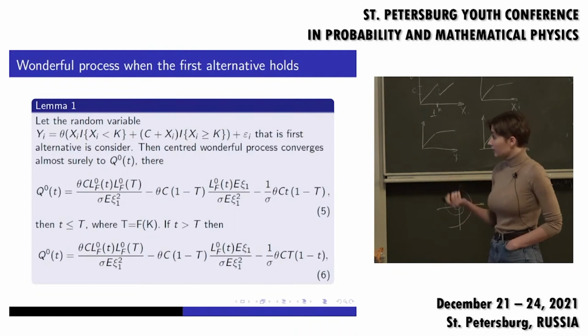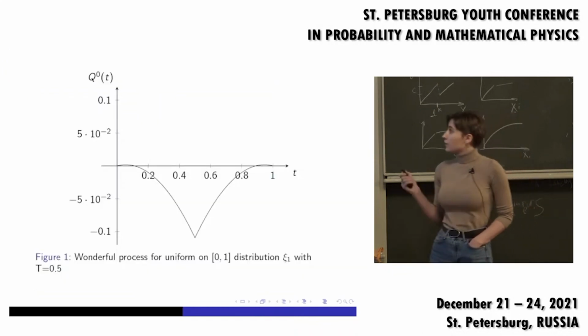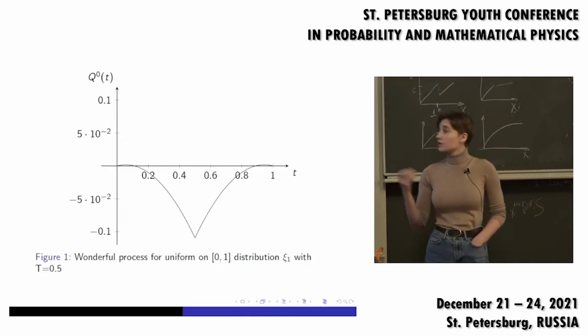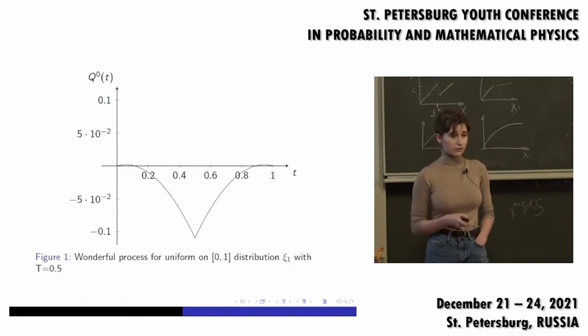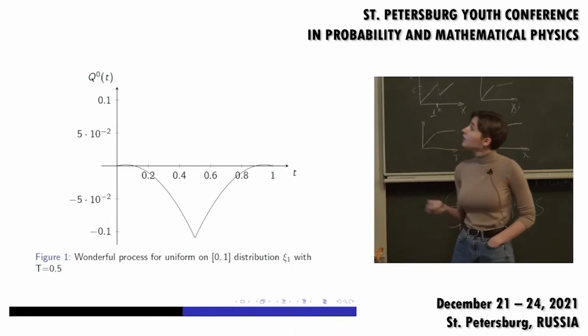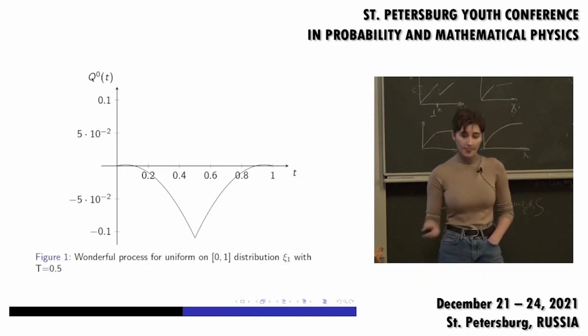Looks big, but for psi1 distributed uniformly on 0,1, and when t is equal to 1/2, the limit of the wonderful process is just 2 parabolas.